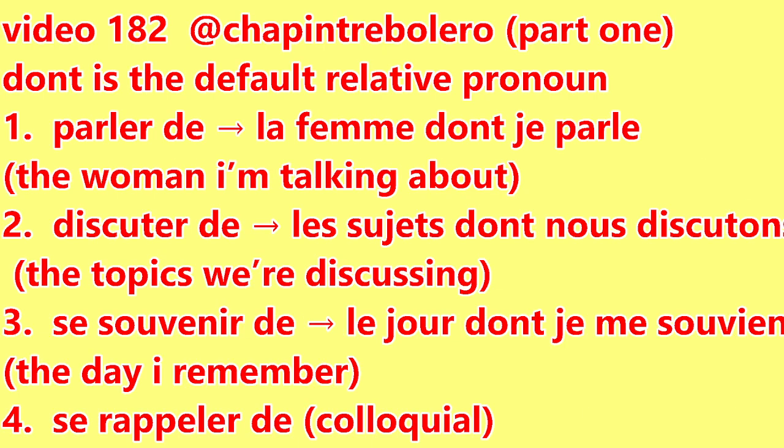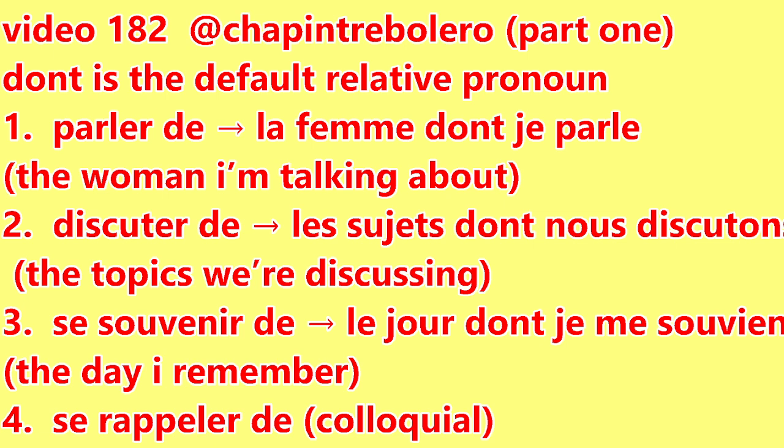All right, voilà. Numéro 1, parler de. There is an arrow because parler de is just a verb in its infinitive, so it's not saying anything. Now I'm going to say la femme dont je parle. The verb that follows is what connects the relative pronoun with the subject, la femme.